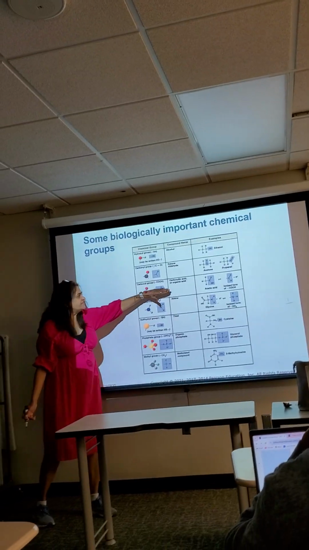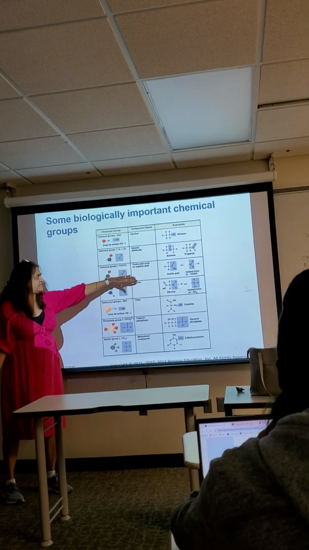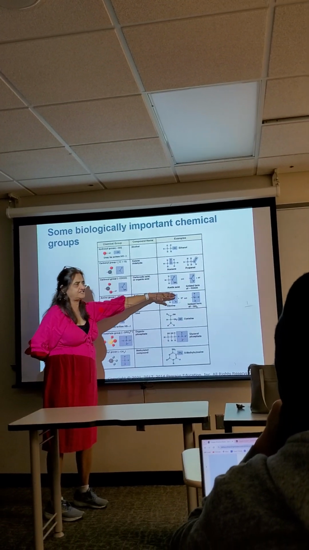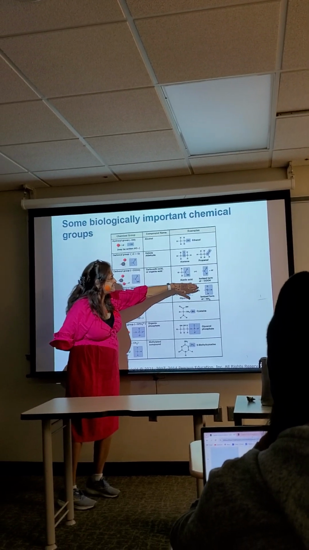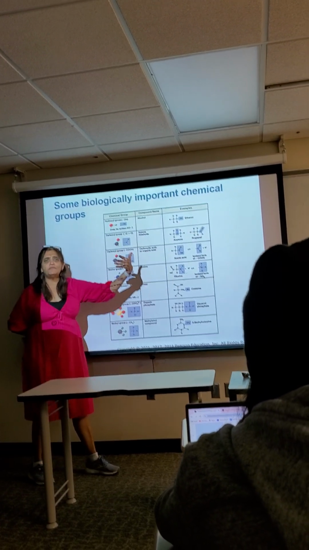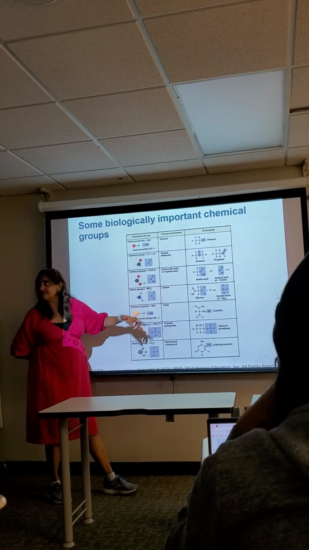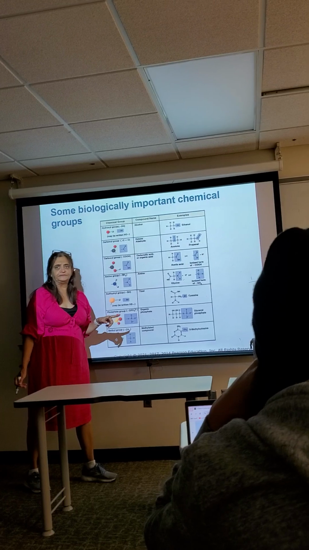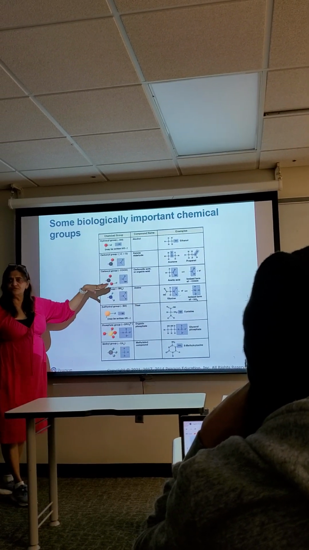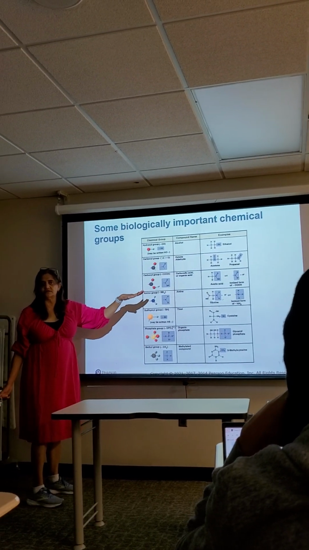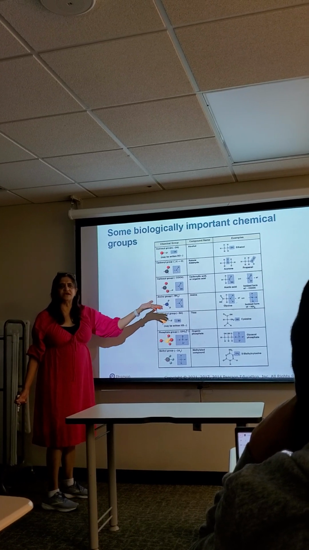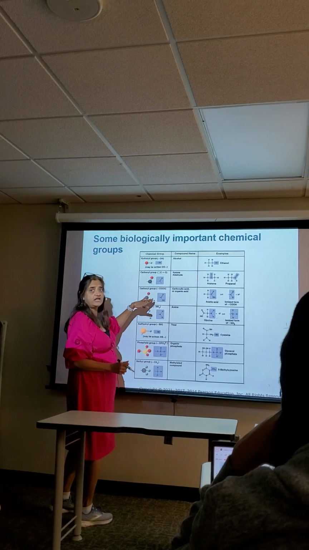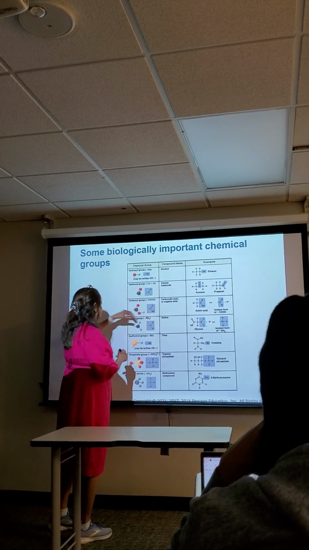These are called carboxylic acids or organic acids, and they form acids like acetic acid and formic acid. All these acids are derived when you have the COOH group. When you dissolve these in water, they lose protons, and that's why they make the solution acidic. That's why they are called carboxylic acid groups.